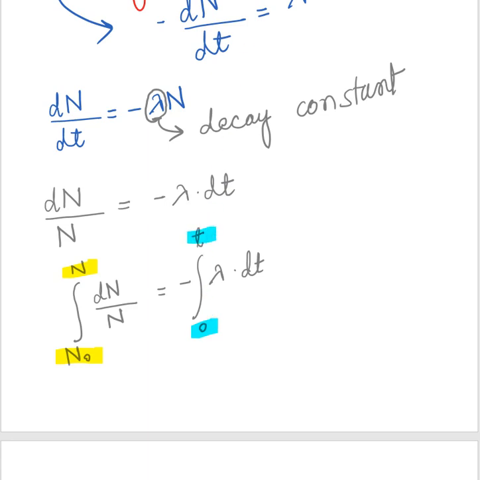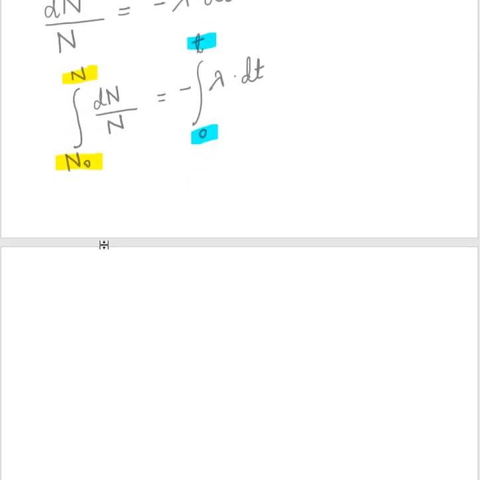Time cannot be negative. This is a very common sense thing. If we start from now, we will assume that the time is equal to 0, and whatever time limit we take. Originally the number of nuclei was n naught. We cannot take 0, because if there are 0 nuclei, then there will be no process.